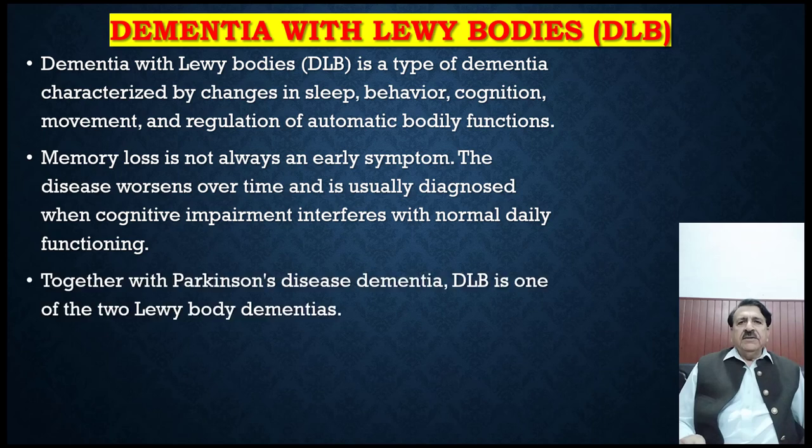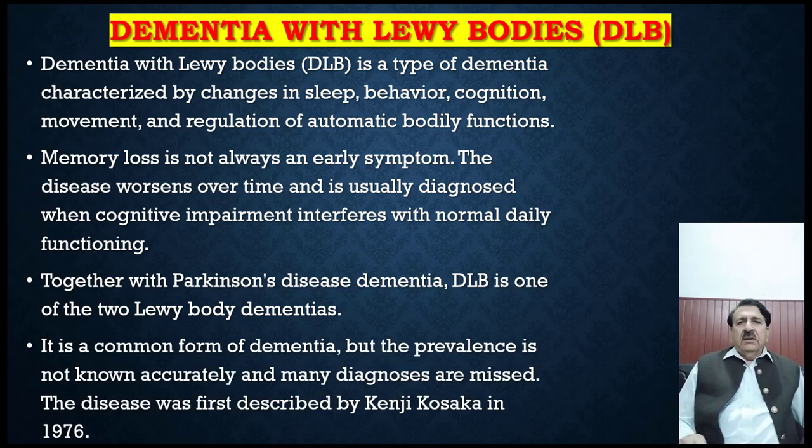Together with Parkinson's disease dementia, it is one of the two Lewy body dementias. It is a common form of dementia, but the prevalence is not known accurately, and many cases are misdiagnosed. The disease was first described by Kenji Kosaka in 1976.